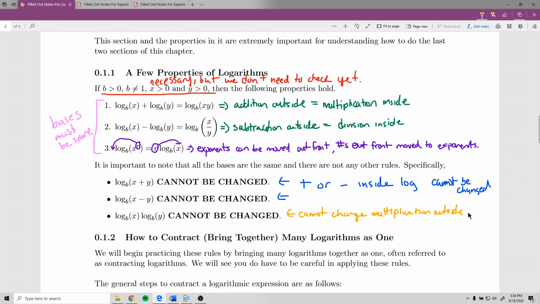So that's something that these rules do not apply to. In fact, there's never going to be a log rule where you'll be able to change any of these.